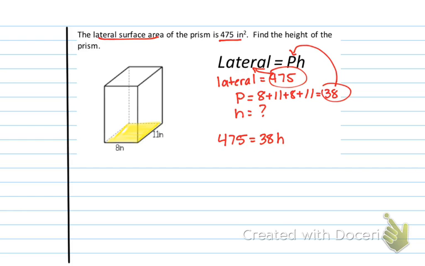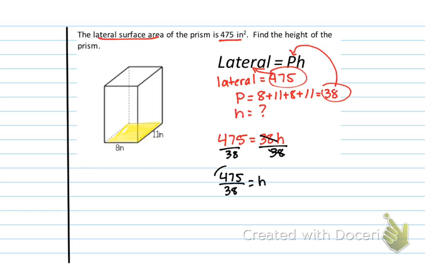The easiest way to do that is to do the opposite of multiplication, which is divide by 38 on both sides. When I do that, I'm able to cancel these out to a 1, right? And we're left with 475 over 38 is equal to H.